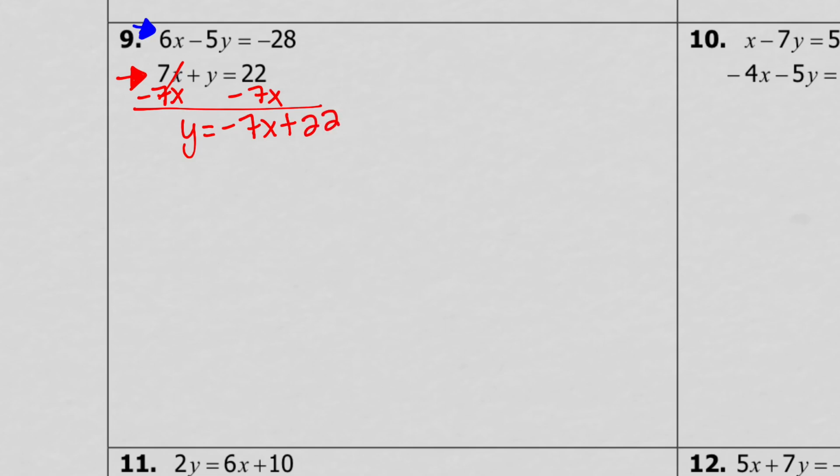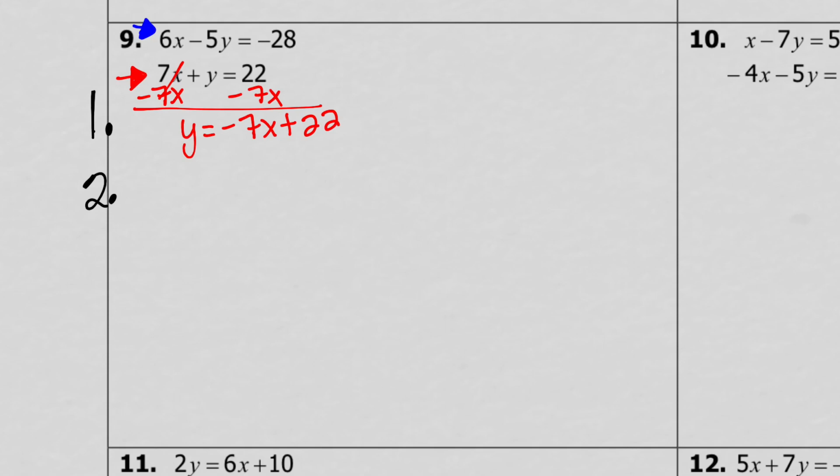Okay, so there's my red equation. I've got it solved for a variable, so there's step 1. Step 2, we're going to plug it into the blue equation. So we're going to take this right here, and we're going to plug it in for this y right here.